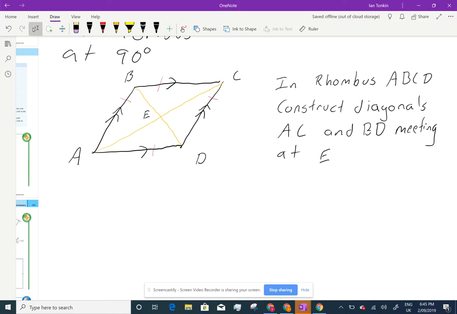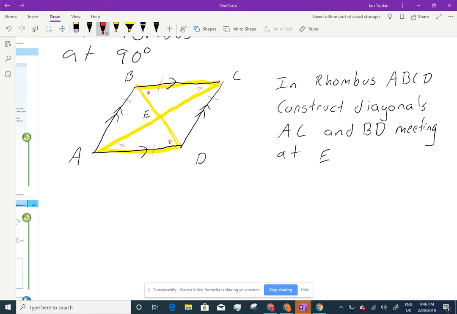Well, what do I know? I want to look at this triangle, and I want to look at this triangle. Now I've got a side, and I've also got, well, this angle and this angle, see the Z, and this angle and this angle.